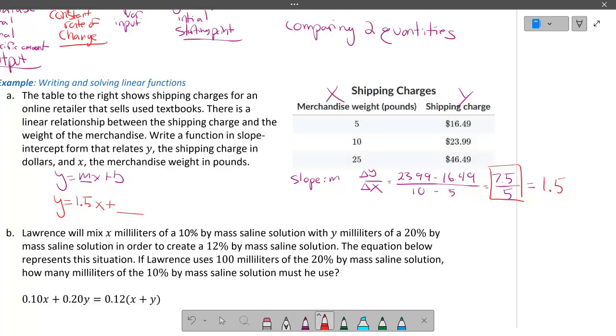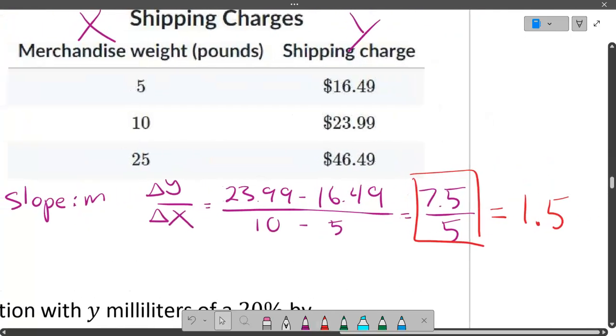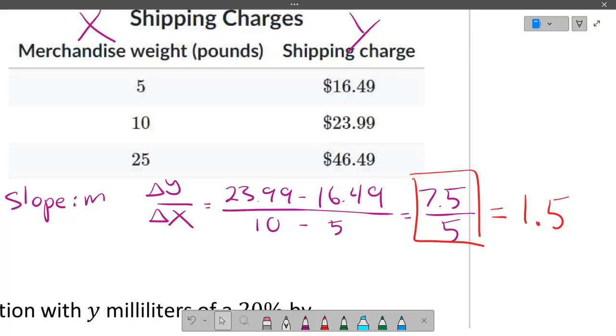But again, we want to look for patterns. If we know that our cost goes up by 750 every 5 pounds, and we have the cost after 5 pounds, if we take away that increase from the 5 pounds, that gives us the cost at 0 pounds.